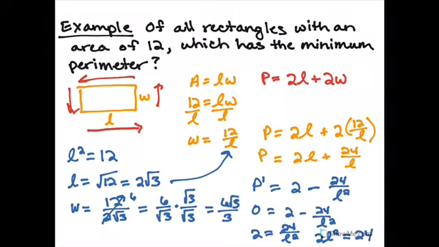And 6 over 3 goes to 2. So we get 2 root 3. So my L and my W are both the same. That was true in the last problem as well.